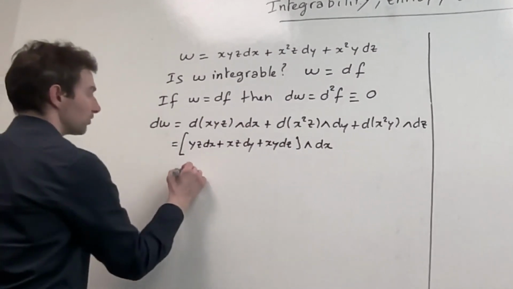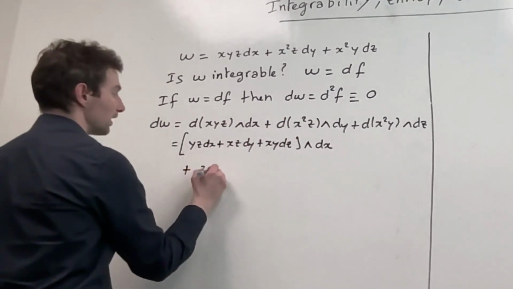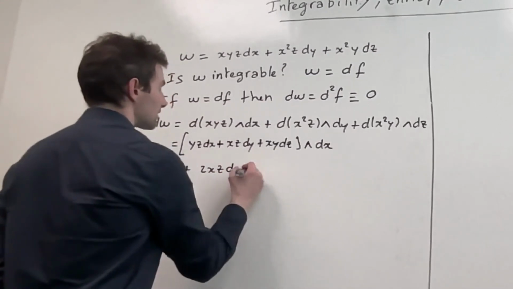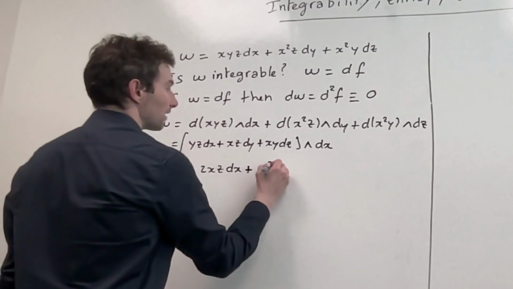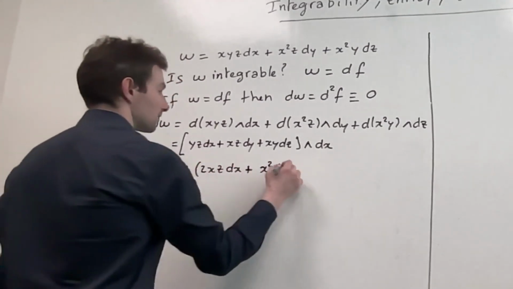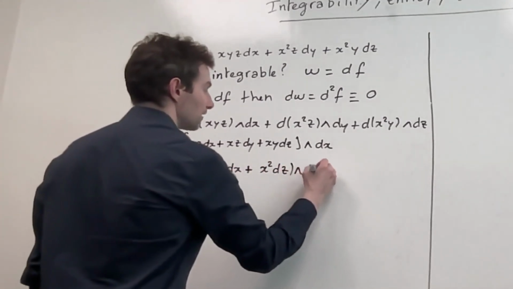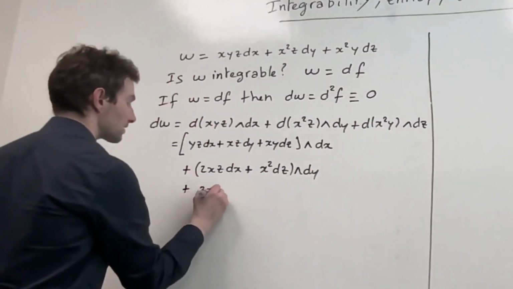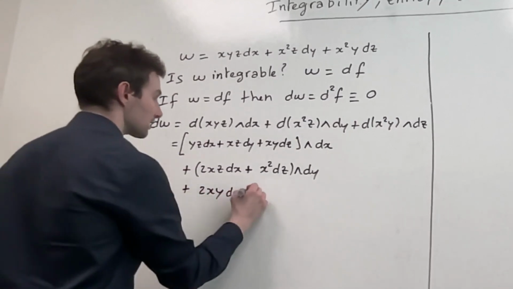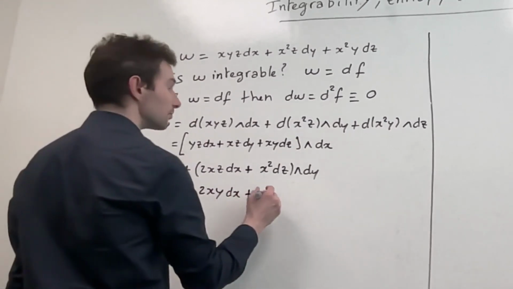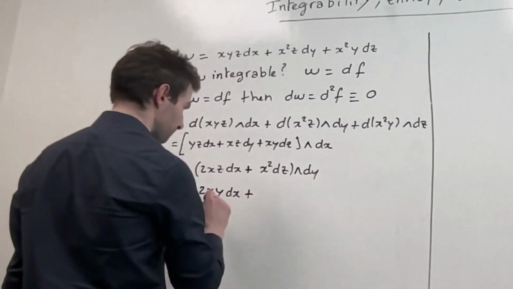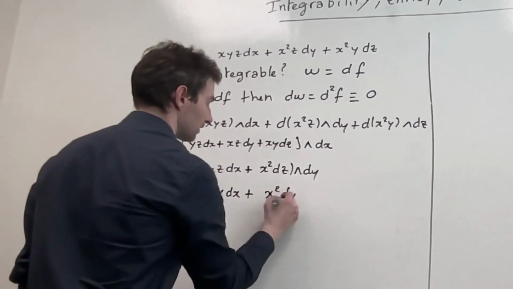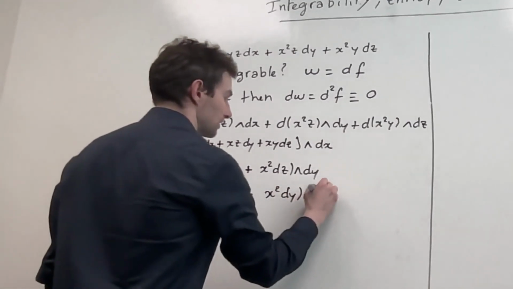Here we are going to get plus 2xz dx, and then plus x squared dz. There is no y, and so wedge dy. And finally plus, here is the term, 2xy dx plus x squared dy, and then this is wedge dz.